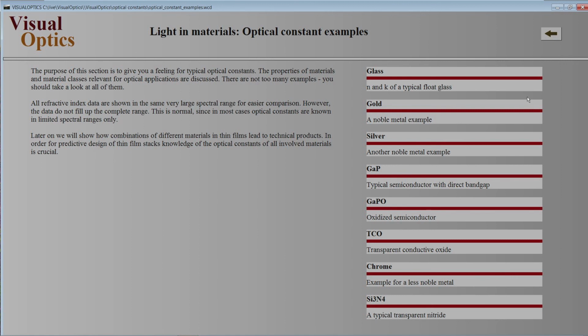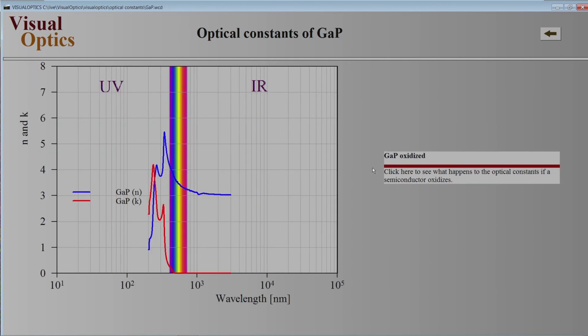Okay, let's take a look at a crystalline semiconductor, gallium phosphide. And here we see at least two sharp interband transitions. And if you look a little bit closer, there's a little shoulder, another interband transition. There's a little shoulder on this side too.